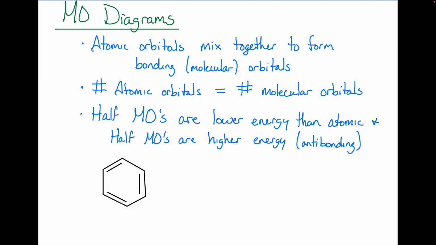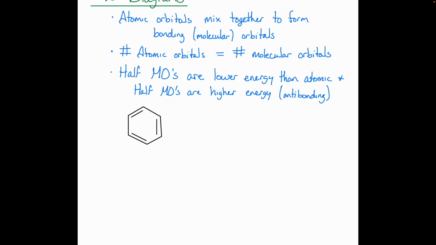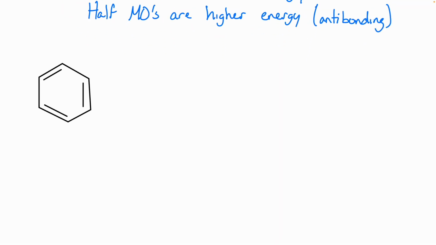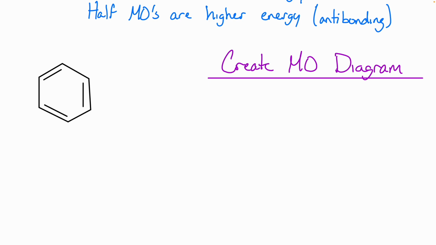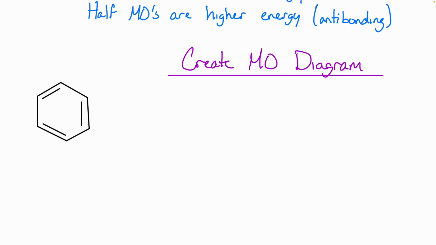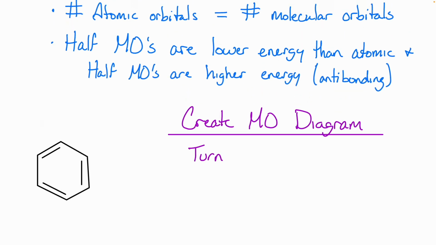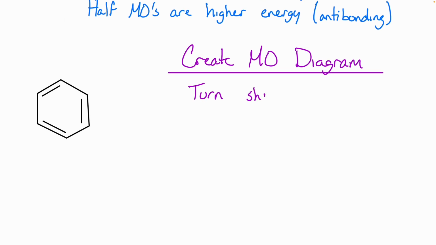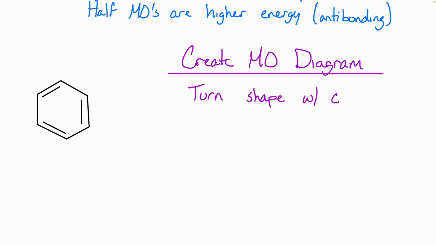So in order to create this diagram, what we're going to do is we're going to take our molecule here. All of our molecules have these little shapes to them, these little polygon shapes. We're going to turn that shape so that we have a corner pointing down.